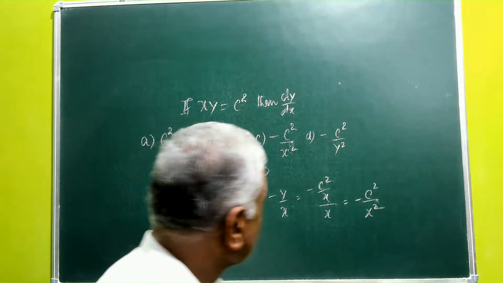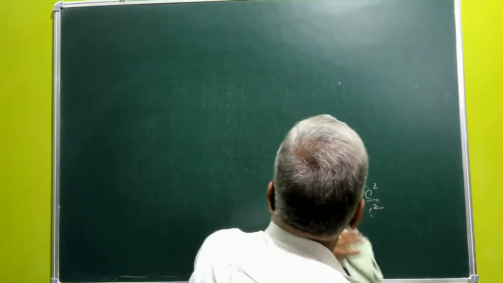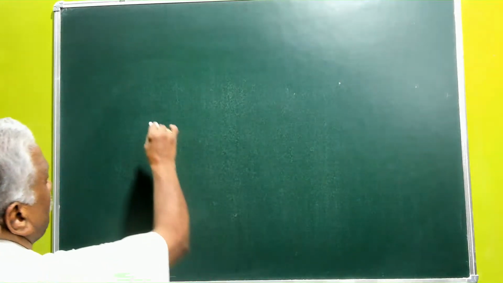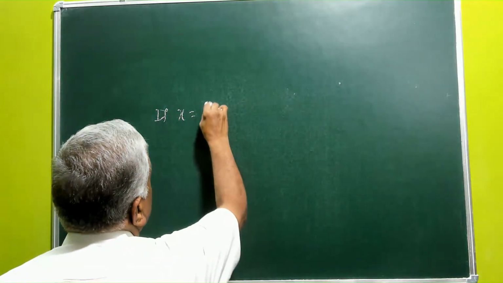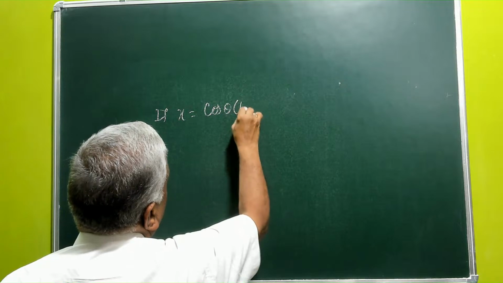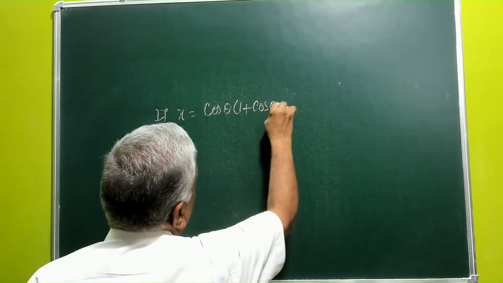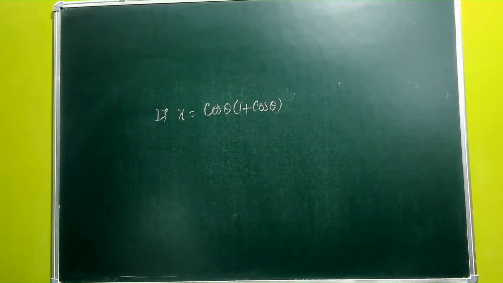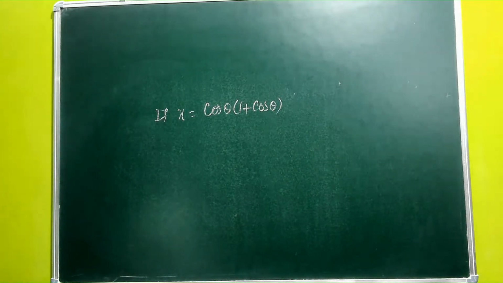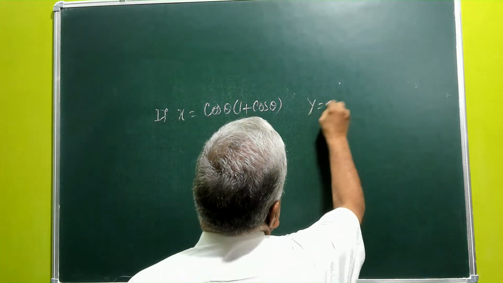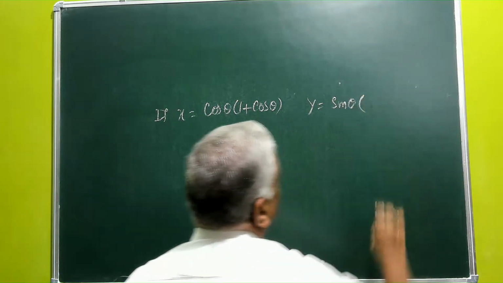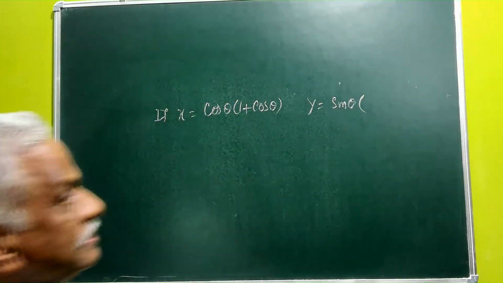Next problem. If x is equal to cos theta plus 1 plus cos theta, y is equal to sin theta plus 1 plus sin theta, that is sin theta into 1 plus cos theta only.